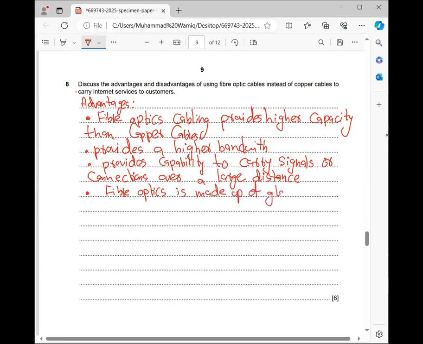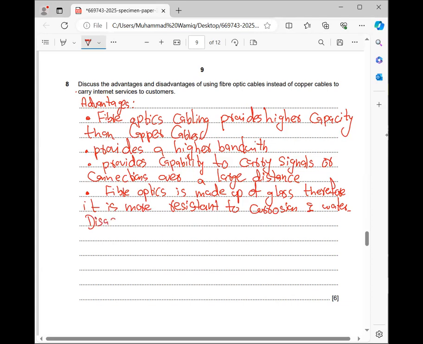And what is the advantage of that? Since it is made up of glass, therefore it is more resistant to corrosion and water. So these are the 4 points for your fiber optics.